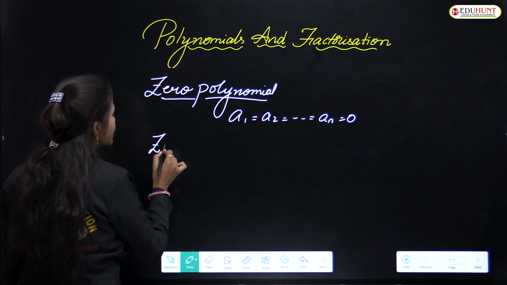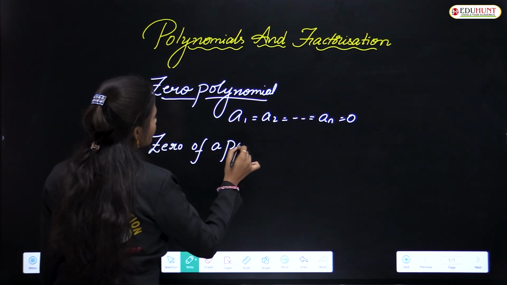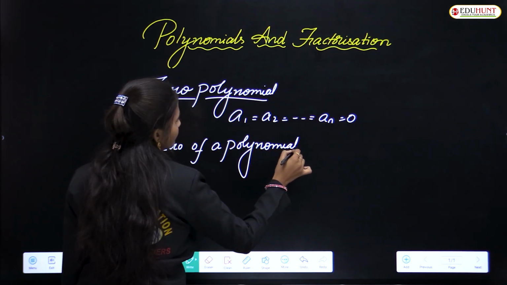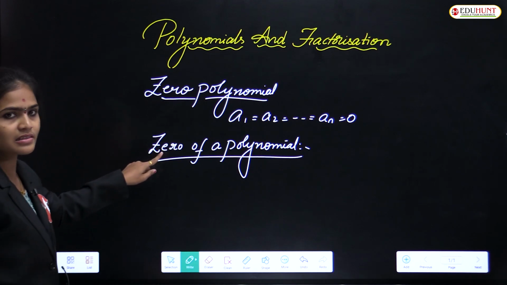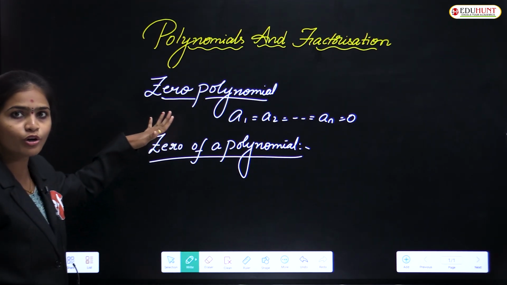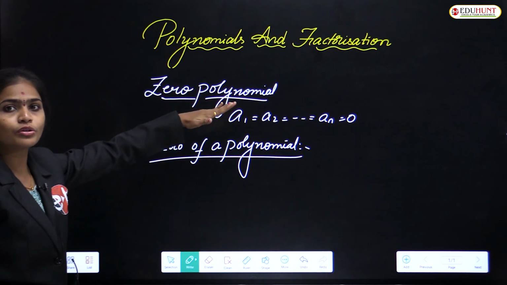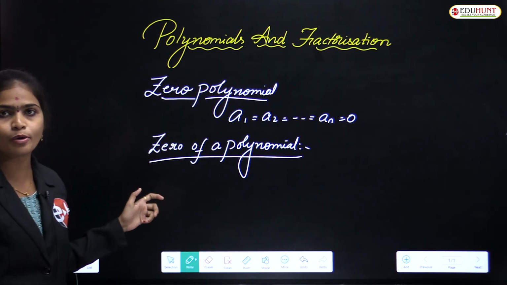Now we have the zero of a polynomial. Okay, children, see the difference? Here this is also 0, and this is also 0, but there are a lot of differences. Here this is the zero polynomial. If the coefficients of the variables in a polynomial are 0, then we will call that one a zero polynomial.